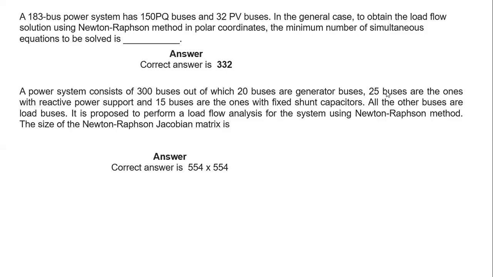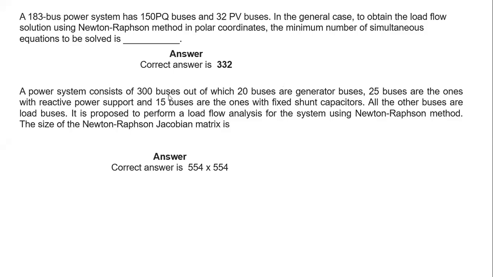Now 25 buses have reactive power support. That means directly PV buses are 25. Generator buses are 19. So how many total PV buses? Because all generator buses are also PV buses. So 19 generator buses are there, because we have removed one slack bus. 25 plus 19 is 44. So the number of PV buses is equal to 44.